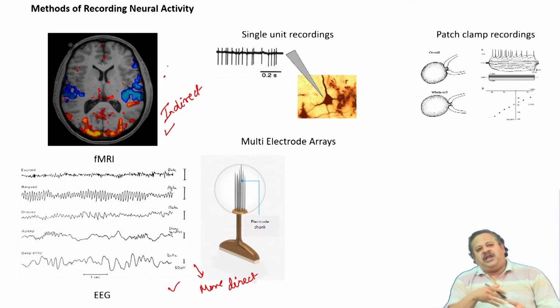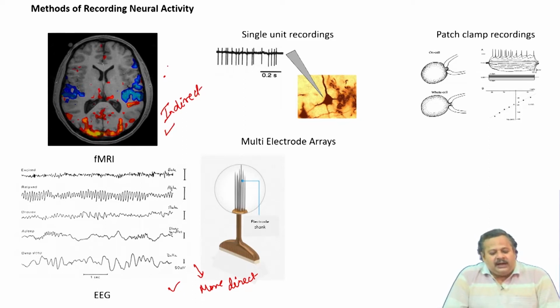So because of the change in magnetic properties between oxygenated and deoxygenated hemoglobin, that indirectly tells us how much activity is going on in that area or location of the brain. So it is a very indirect measure of spiking activity going on in the brain.